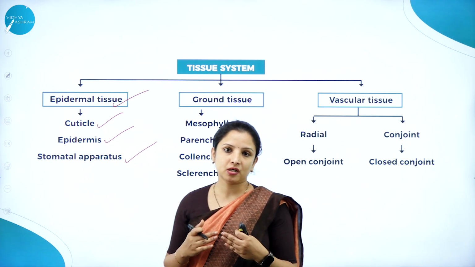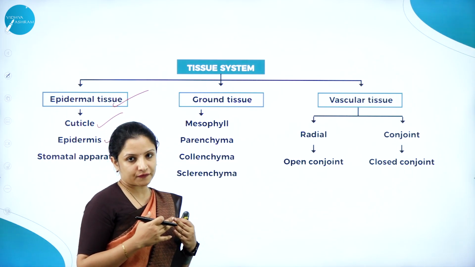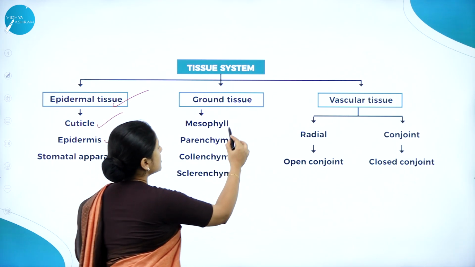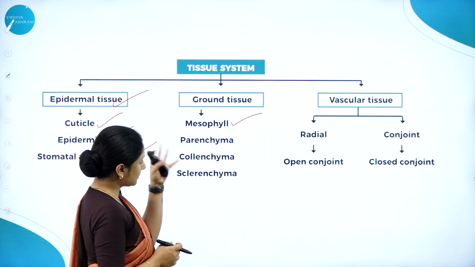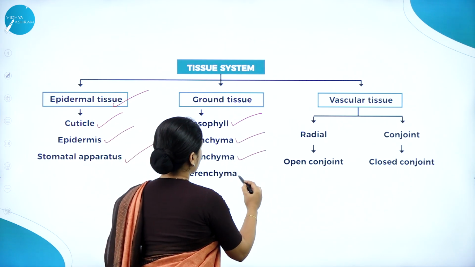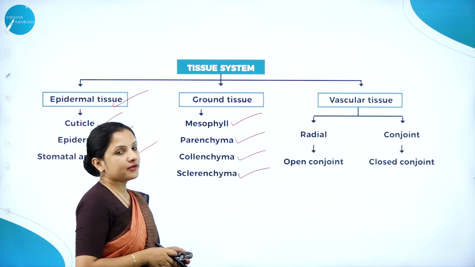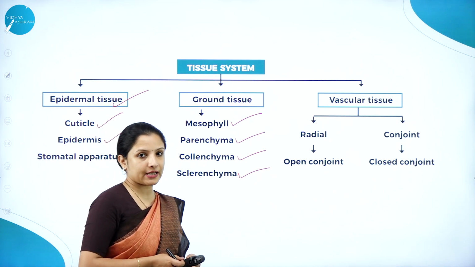Next, below the epidermal tissue is present the ground tissue, which is made up of a few layers of cells. For example, it is called mesophyll. It is made up of mesophyll cells. In this mesophyll, it consists of parenchyma, collenchyma and sclerenchyma. Parenchyma are oval-shaped cells which are loosely arranged.